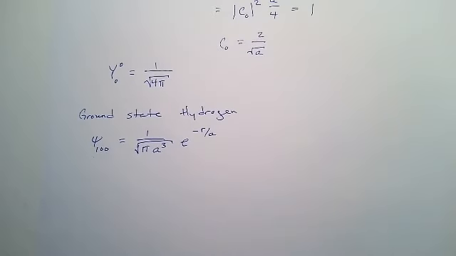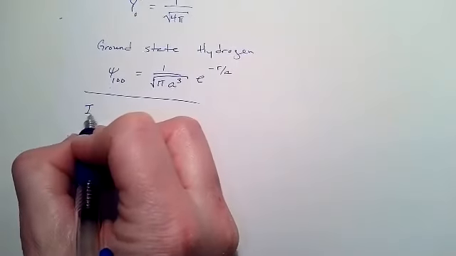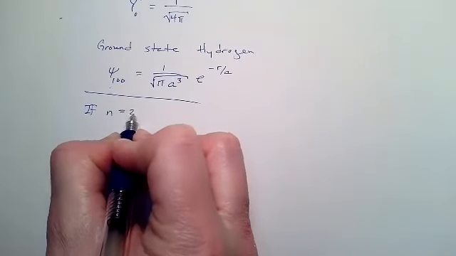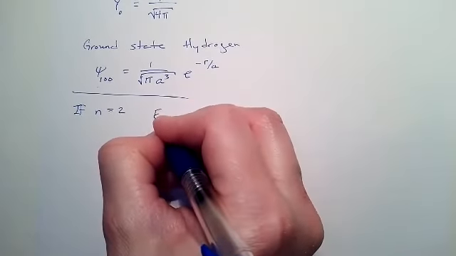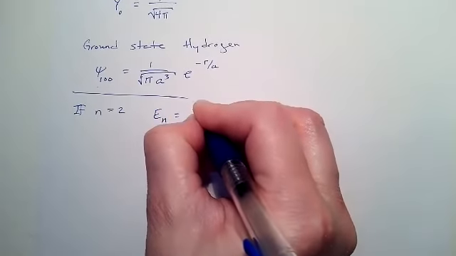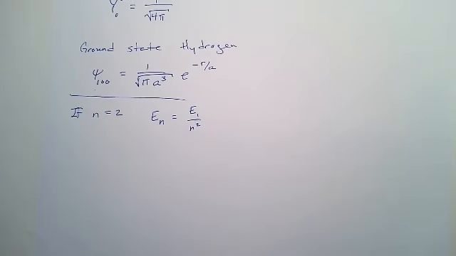Now we can go a step further. If we go into the first excited state, remember our energy formula looks like this. So our ground state energy divided by n squared.